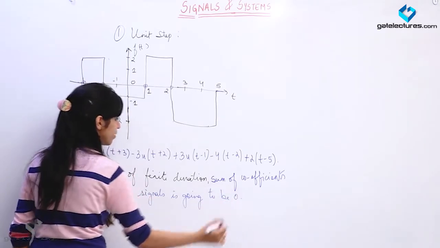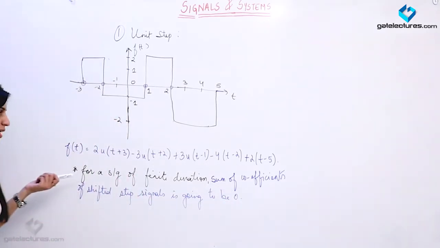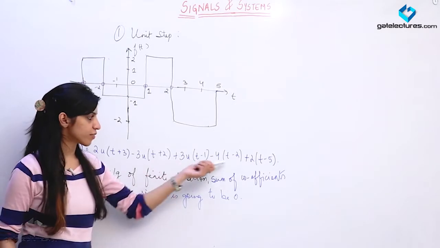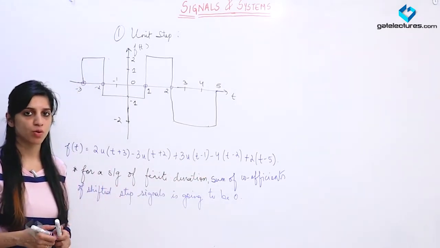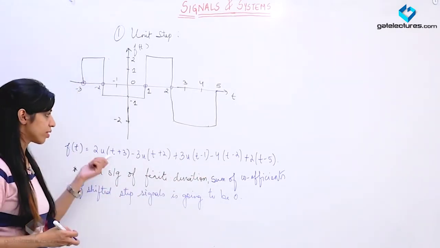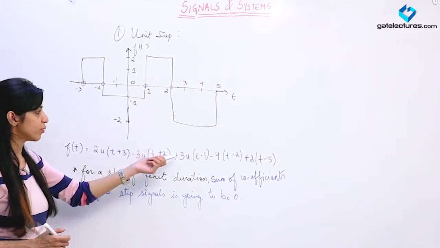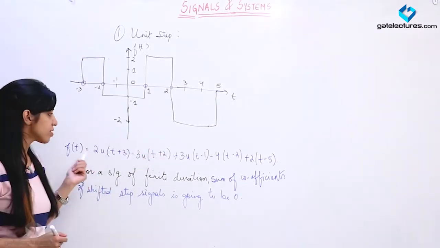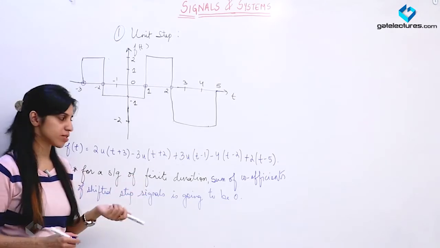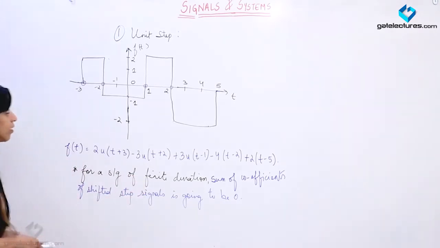This is always going to be 0. If the signal is of finite duration, the sum of coefficients of these shifted step signals must be 0. So in case you have got a wrong representation, in case you forgot to include any step, you can just add and confirm that the sum is 0.